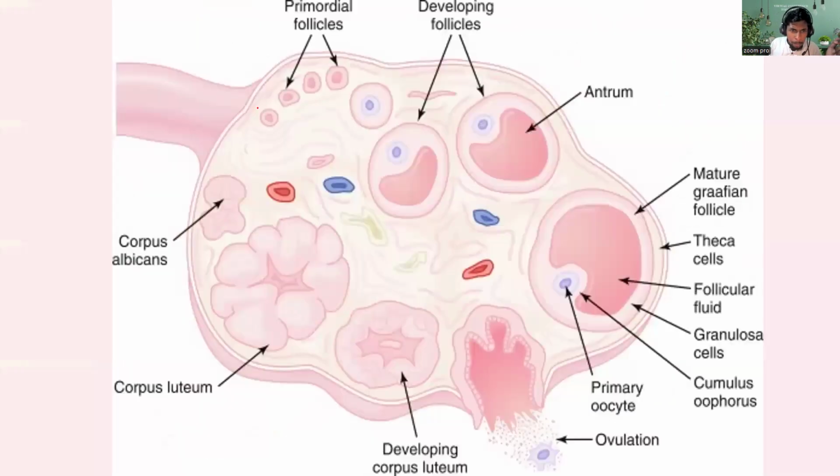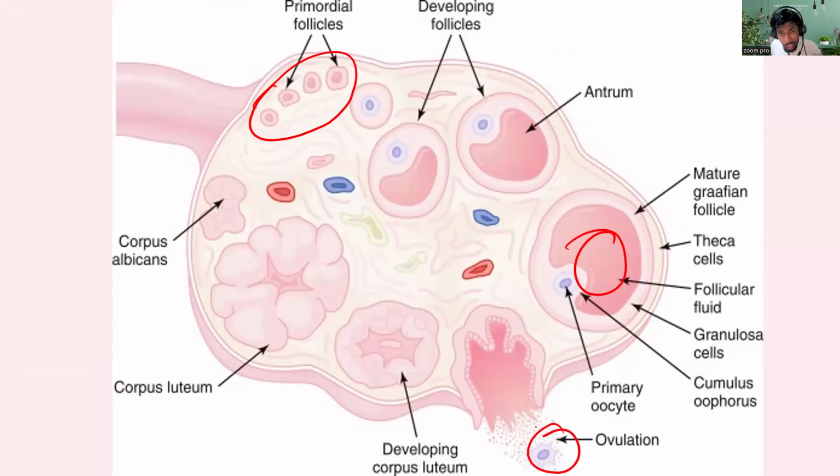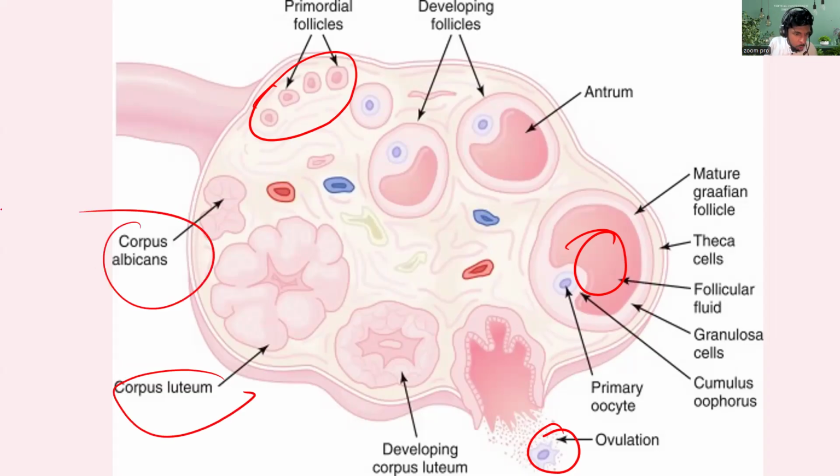Here we can see the primary follicles. From the primary follicle, the Graafian follicle is formed. From the Graafian follicle itself, the ovum is released, and after that the Graafian follicle bursts and turns into the corpus luteum, and the corpus luteum will turn into the corpus albicans.